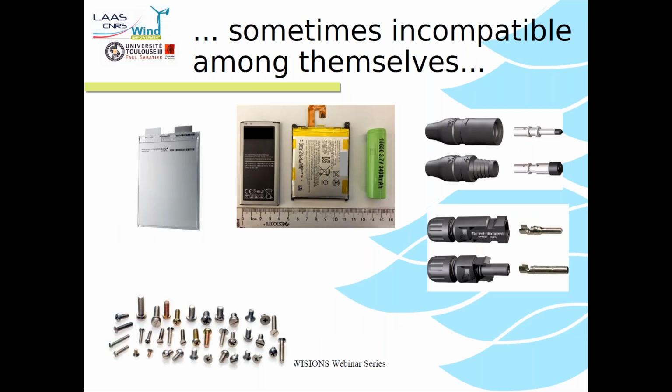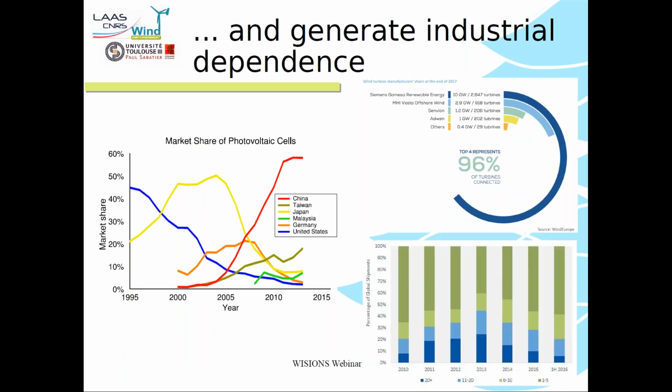They are often incompatible between themselves. If you want to connect something that was designed for a lower tier, the batteries are not necessarily the same technology as for a higher tier, the voltages are not the same, and it's hard to connect things together. And that actually, in practice, generates what we call industrial dependence.